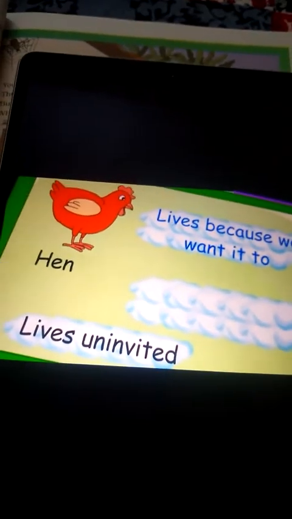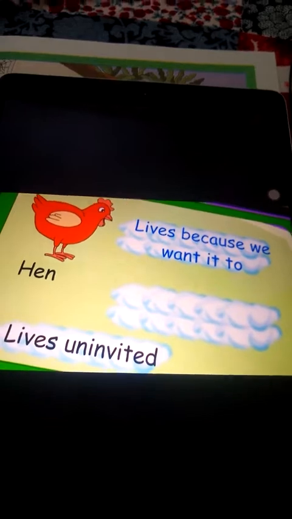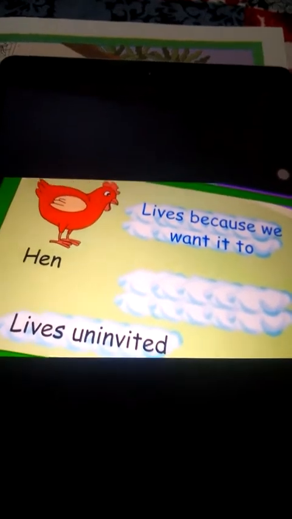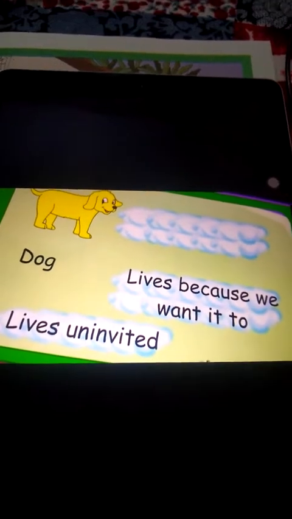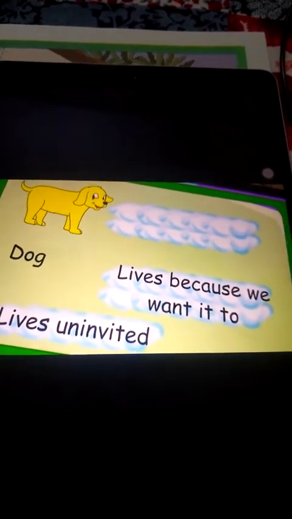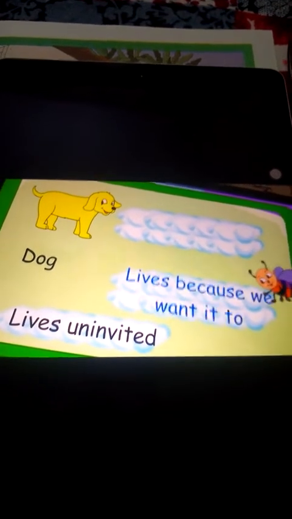Now this is a hen. It lives in our house because we want it to. It gives us eggs. It is a dog. It lives in our house because we want it to.